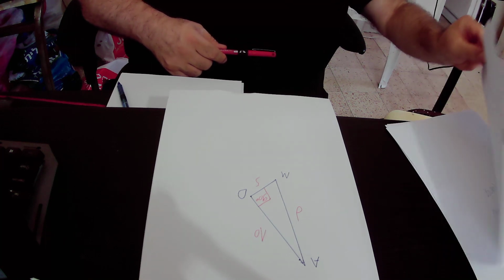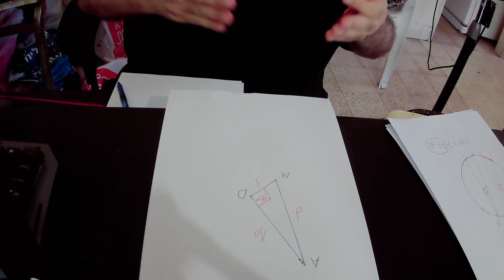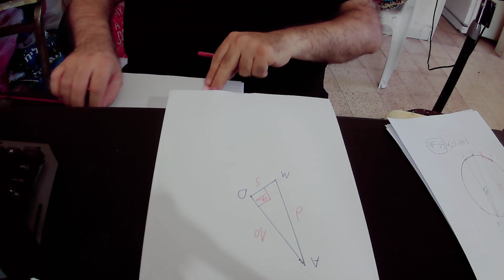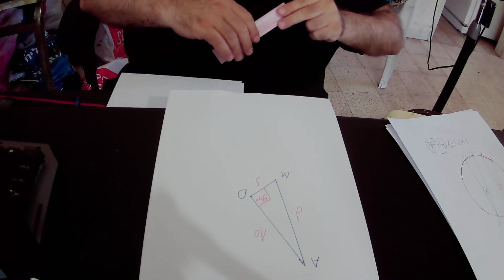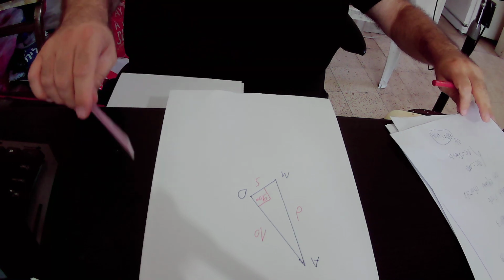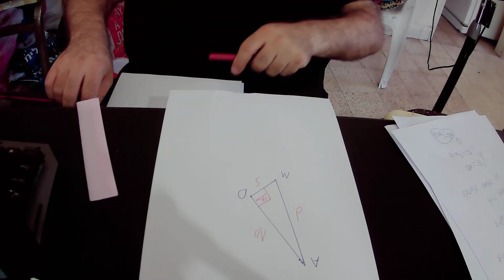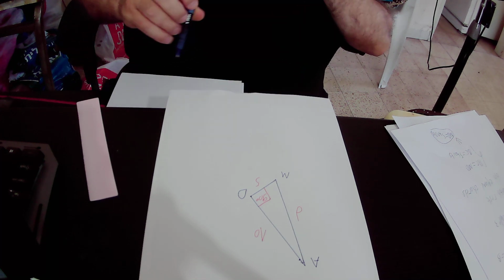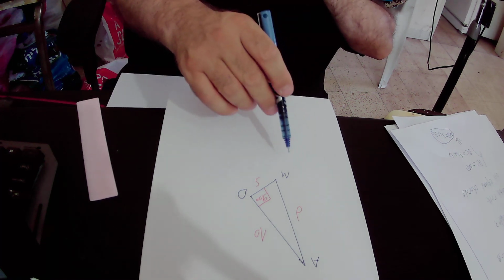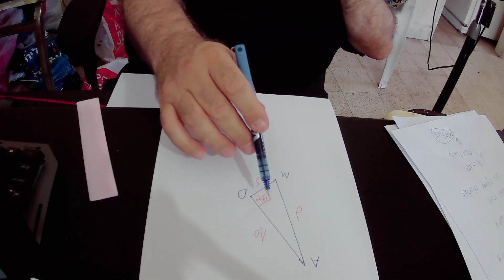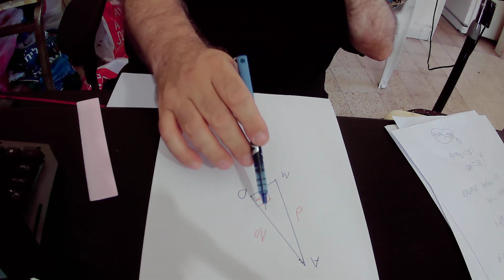As you can see here, it is a right triangle. DM is a right triangle. So we actually can use the Pythagorean theorem in order to find the hypotenuse of this right triangle, because we know the values of the perpendiculars of this right triangle.